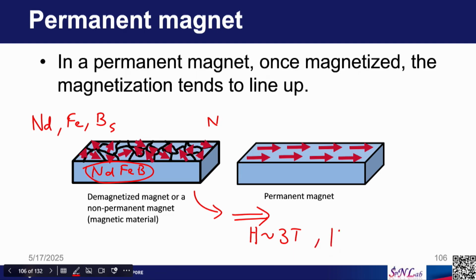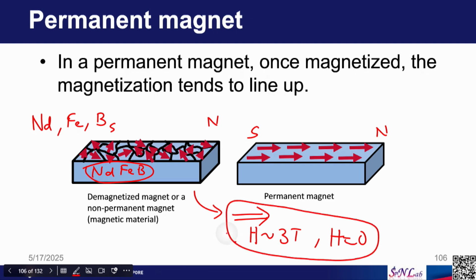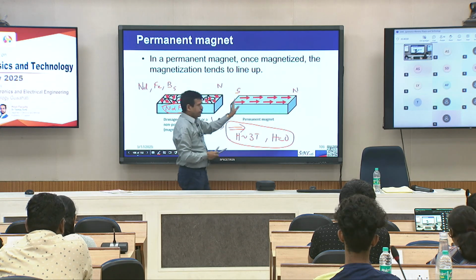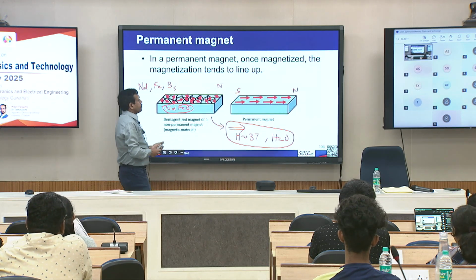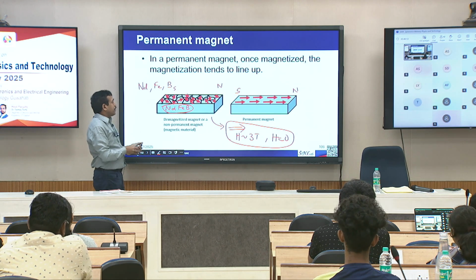Then once I remove the magnetic field, I still have a north and south pole. So, this step is important. You need to apply a very strong magnetic field, only then can you create a north pole and south pole and make it a permanent magnet.